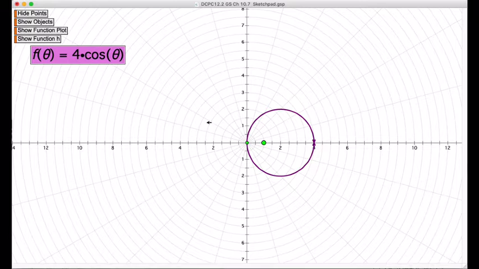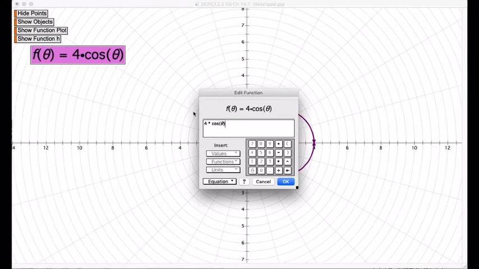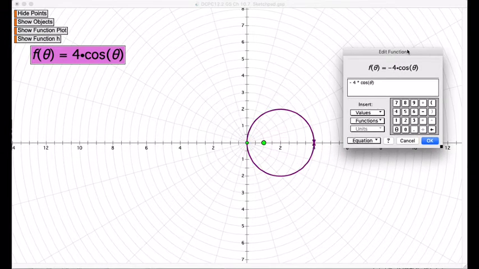So I have this connection between the coefficient in front of my sine or cosine and my petal length. What happens if I negate it? If I put a negative, now it's going to have a length of -4. We talked about it when we introduced polar last time, that a negative radius goes in the opposite direction of our angle. In this first one, my petal is going off towards the 0-degree angle.